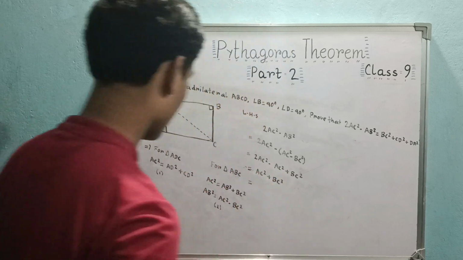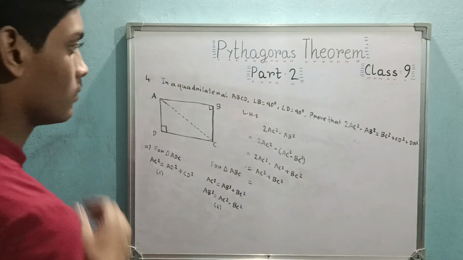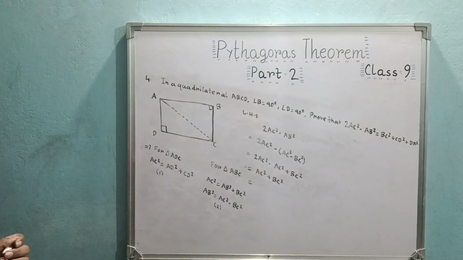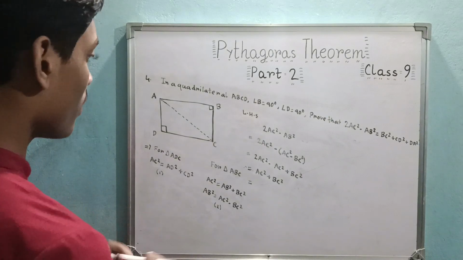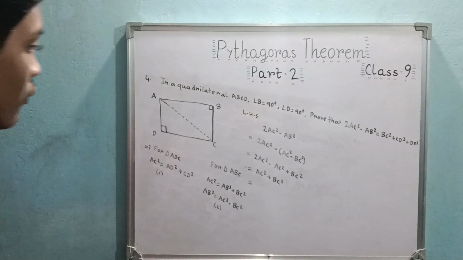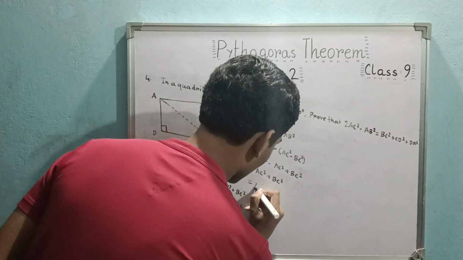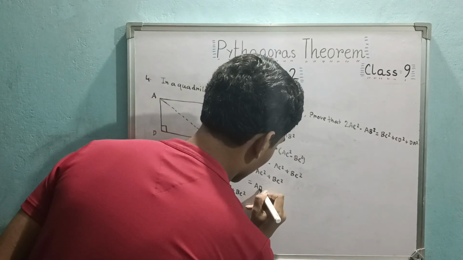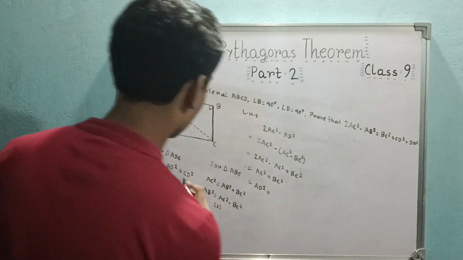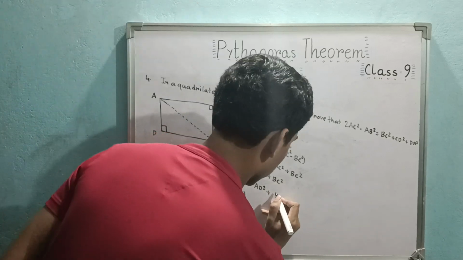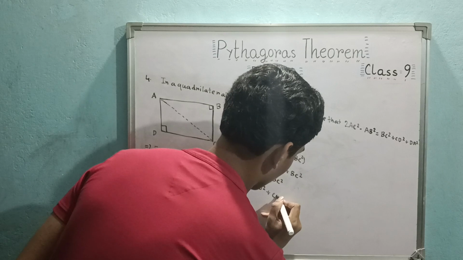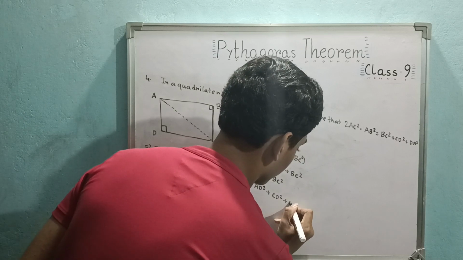Now, what did we get for AC square? We got AC square as AD square plus CD square. So let's substitute that value for AC square now. Equal to AD square plus CD square plus BC square.